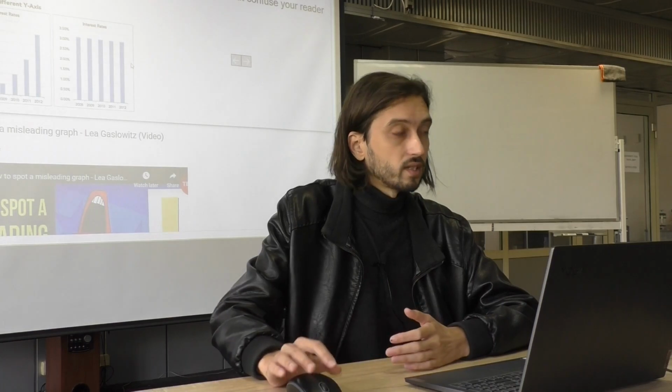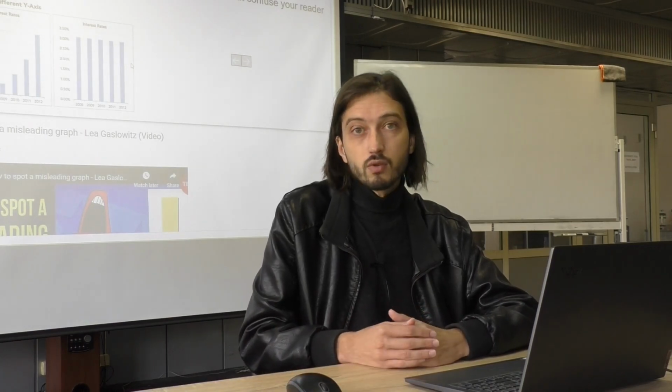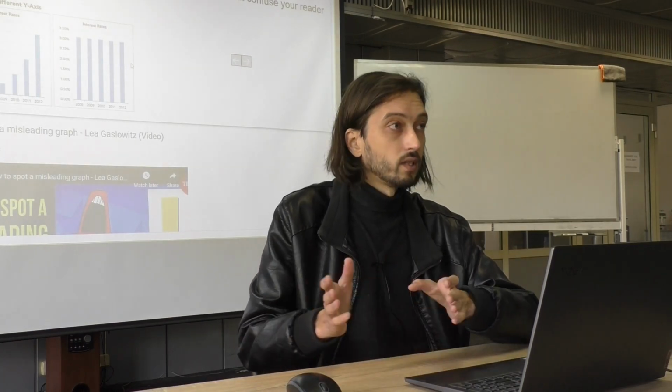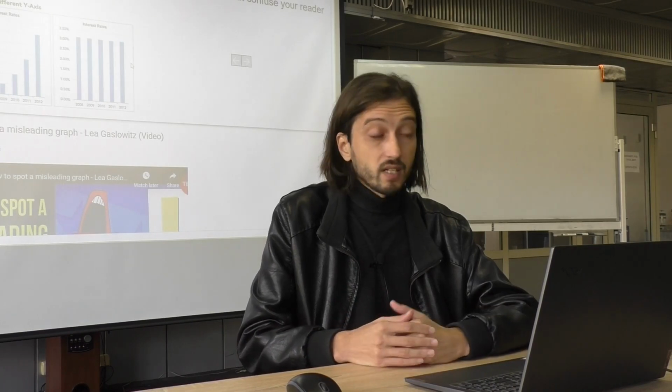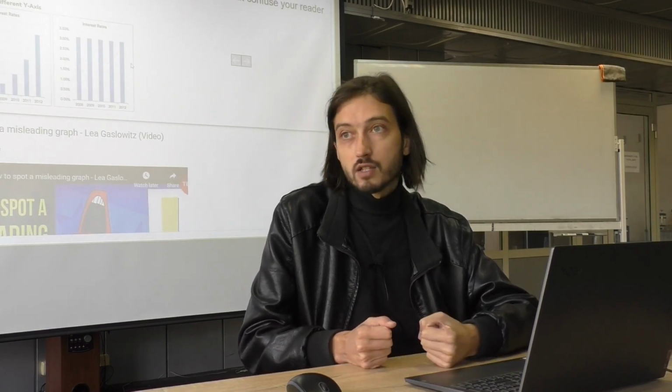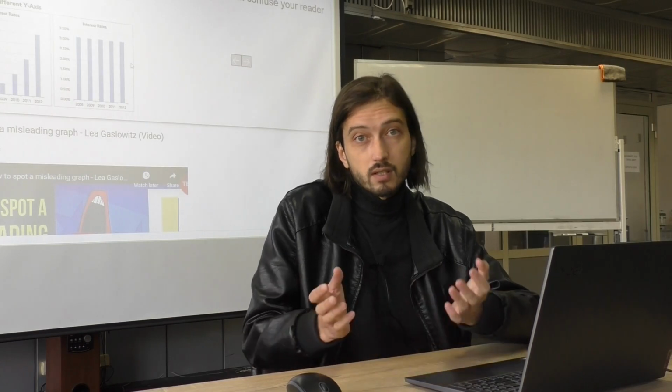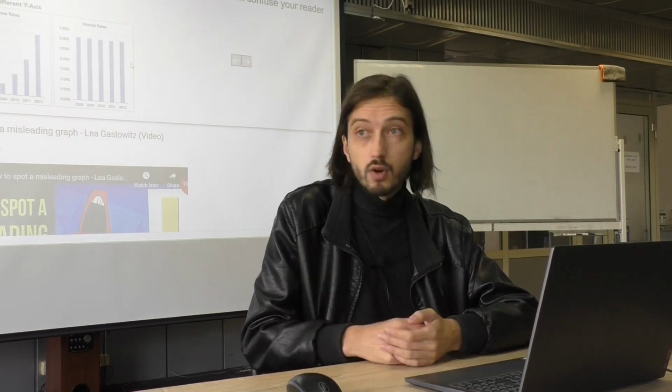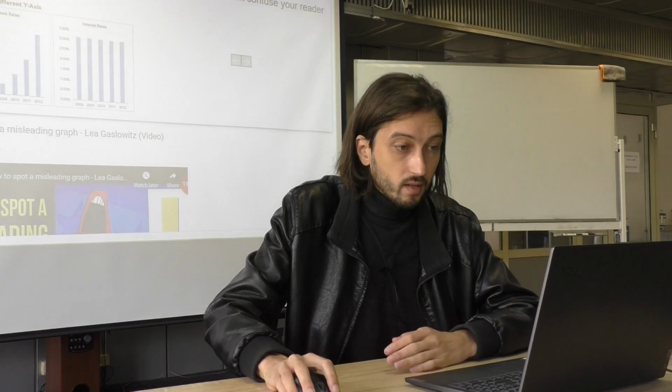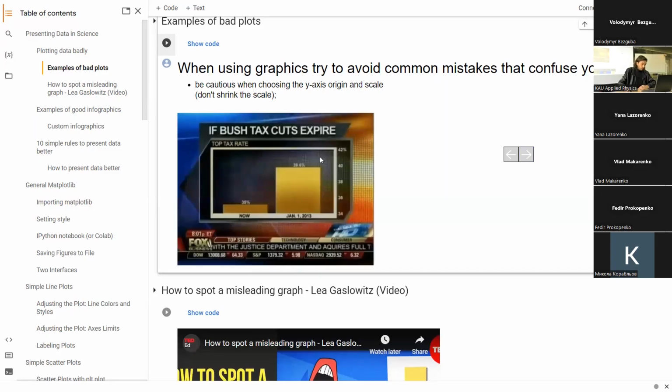It's really nice if you see on TV some bar plots that show you that something is incredibly growing. But in practice, if you look at the y-axis, you will see that that growth is some sort of, I don't know, 0.1% or something like that. And here's basically the example. If you look at the plot solely, you will think that something changed drastically.